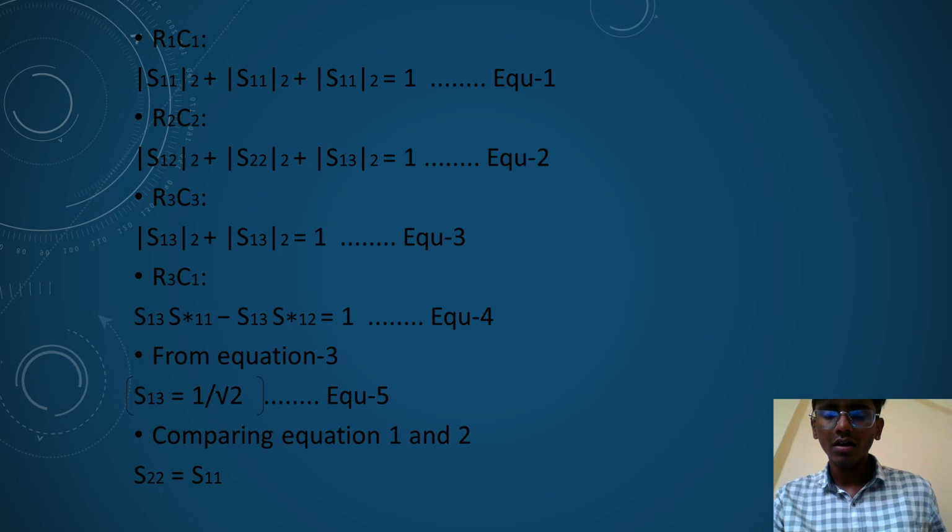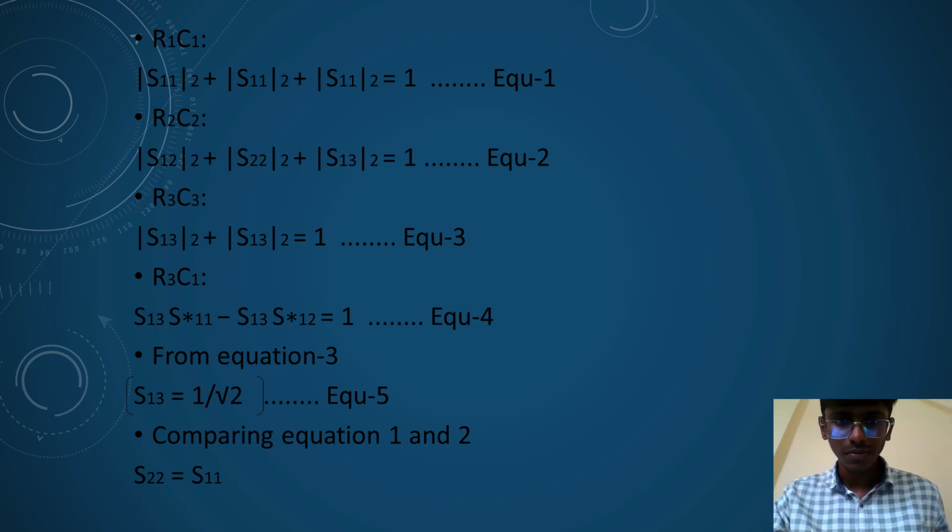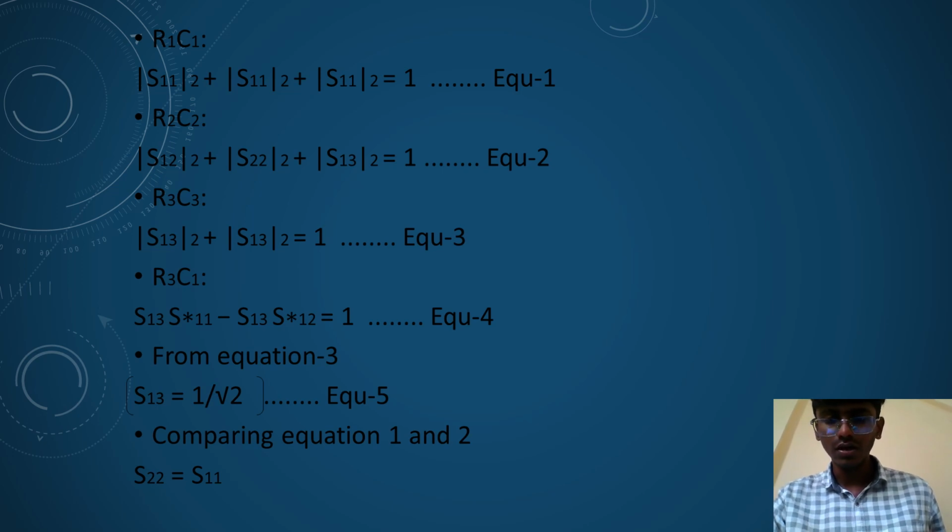Multiplying the S matrix and the S star matrix will give S11 square plus S12 square plus S13 square is equal to 1. Consider this as equation 1, which is used in the next steps. Row 2 and column 2 multiplied, in the sense S12 square plus S22 square plus S13 square is equal to 1.